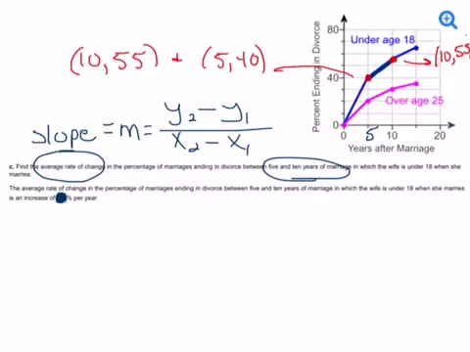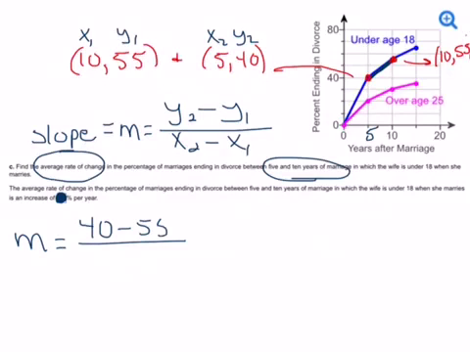Okay, so when we're plugging it into our slope formula, it really doesn't matter who you choose to be y1 and x1 and who you choose to be y2 and x2, just as long as you're consistent. So for example, if you choose this point to be x1 and y1, and this point to be x2 and y2, you don't have to pick them in that order, but if you do, y2 minus y1 would be 40 minus 55.